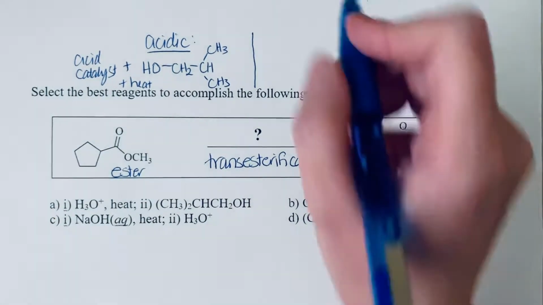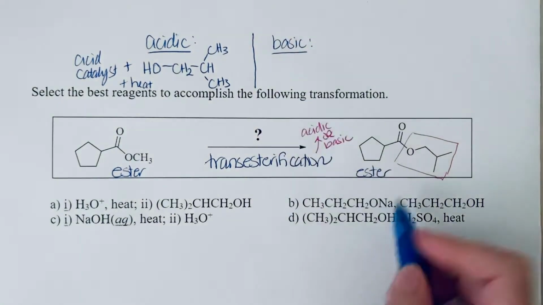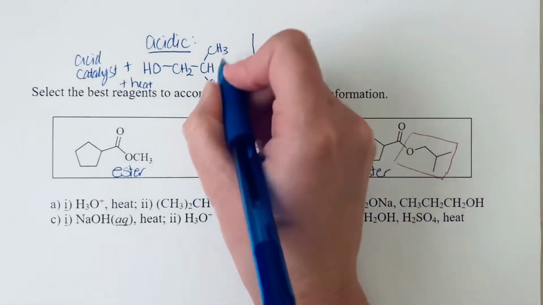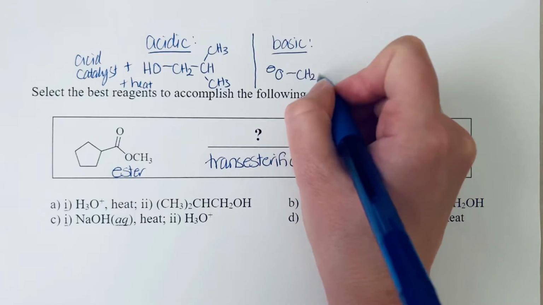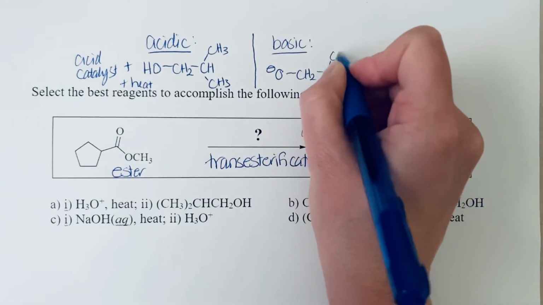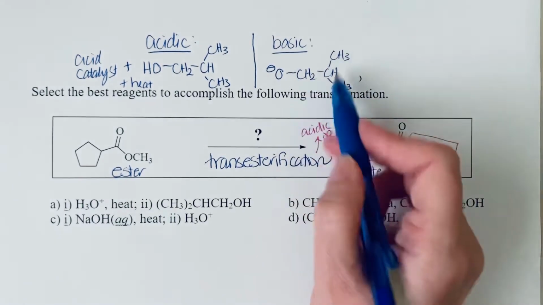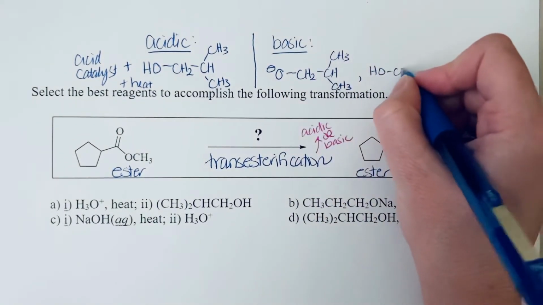If you were to do this reaction in basic conditions, then your nucleophile would be the alkoxide. So rather than being the neutral alcohol, you're going to take the hydrogen off of there and add it as the alkoxide. And then you typically have this with the alcohol as a solvent, so that allows you to generate more of that alkoxide.